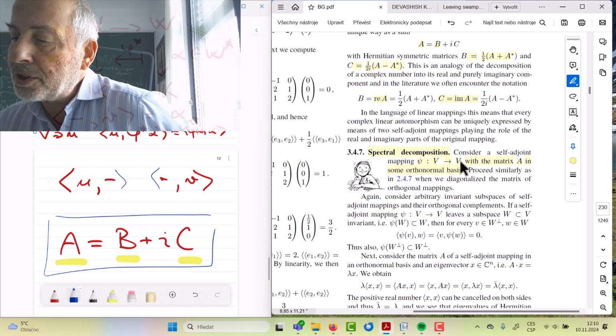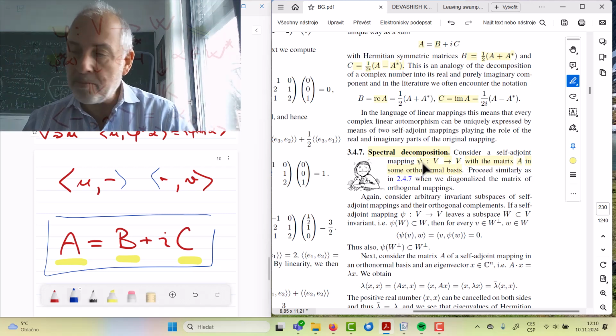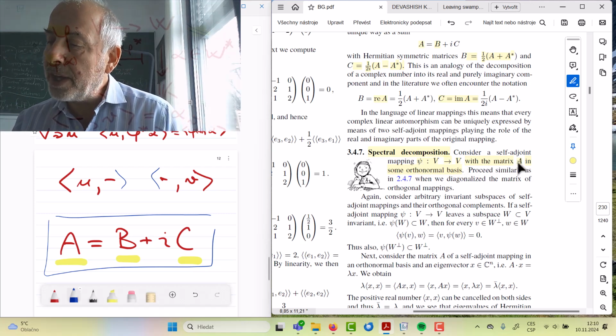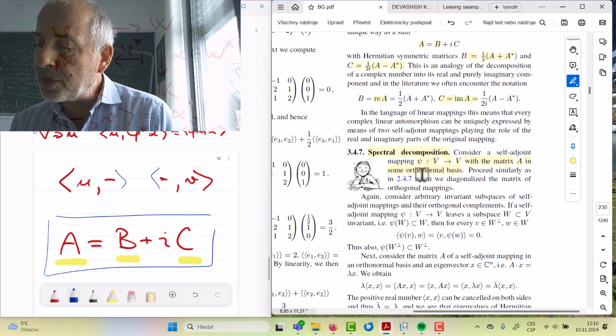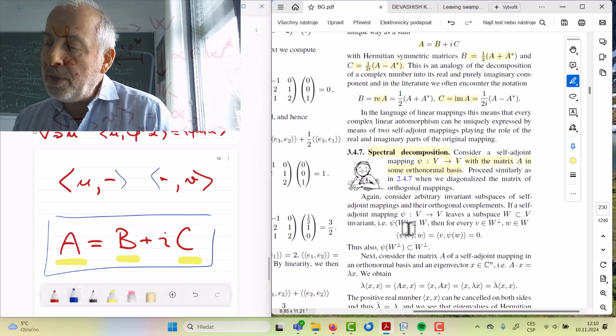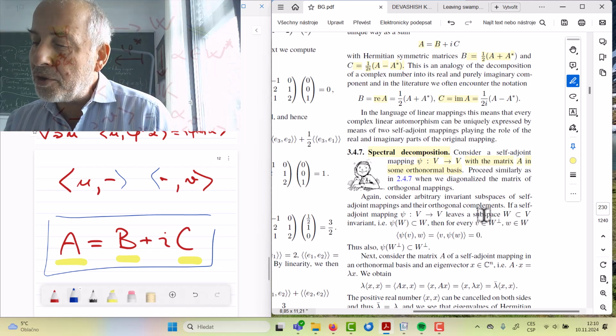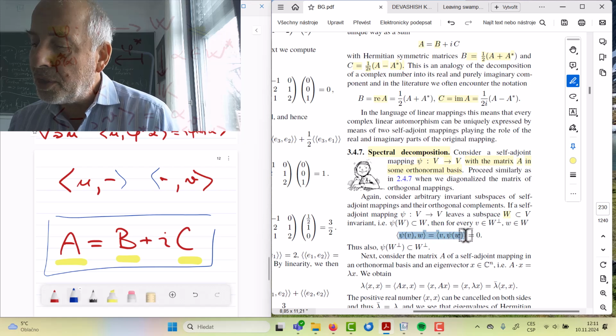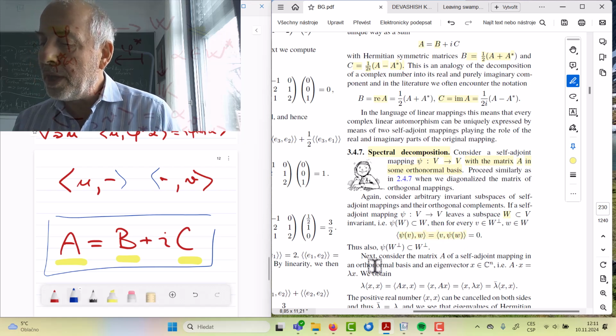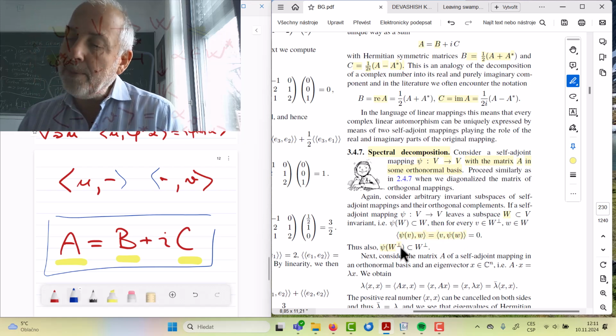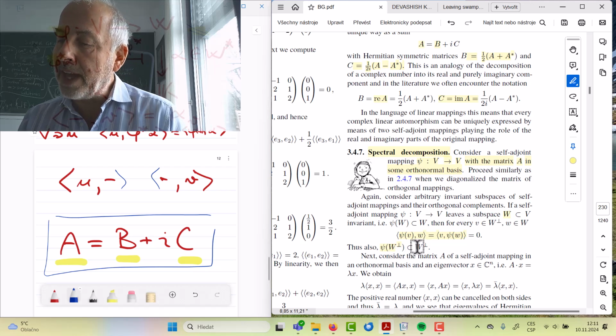So you start with psi, a linear map with a matrix A in some orthonormal basis, and now we immediately see that whenever you have an invariant subspace, then the self-adjoint things, due to this property, keep the orthogonal complement again invariant.